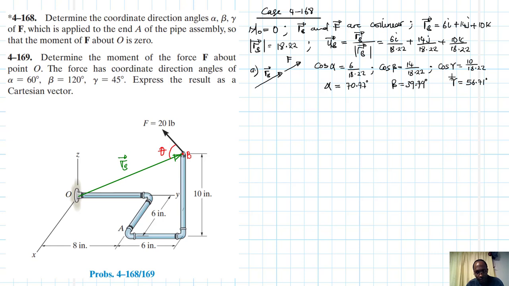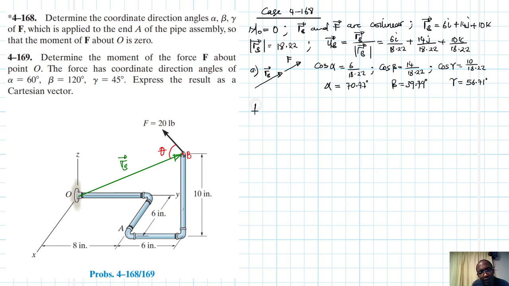So 10 divided by 18.22 gives 56.71, 14 divided by 18.22 gives 39.79, and 6 divided by 18.22 gives 70.77. Great. So this is the first case.